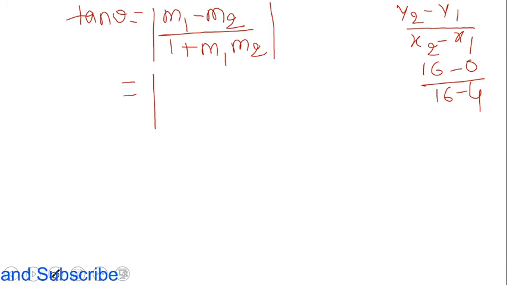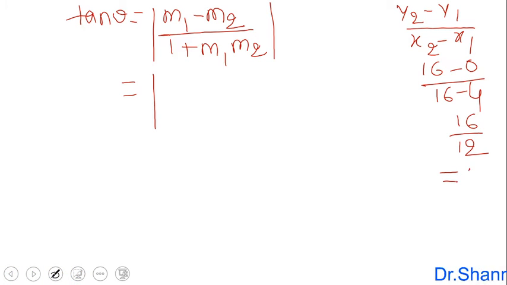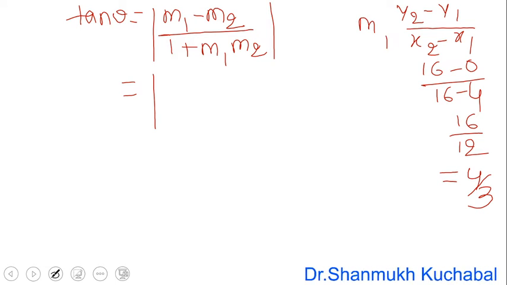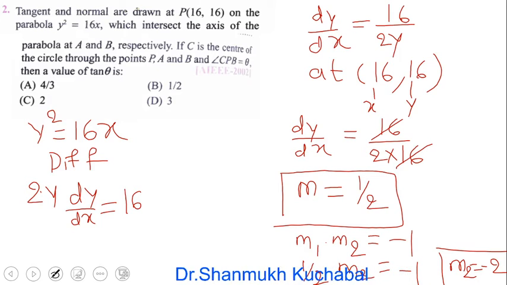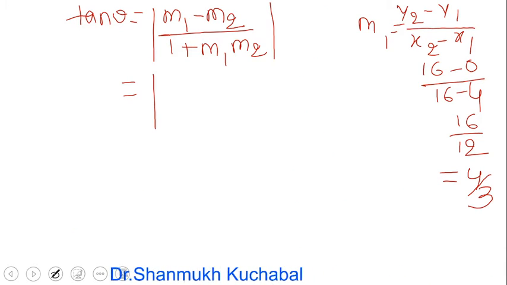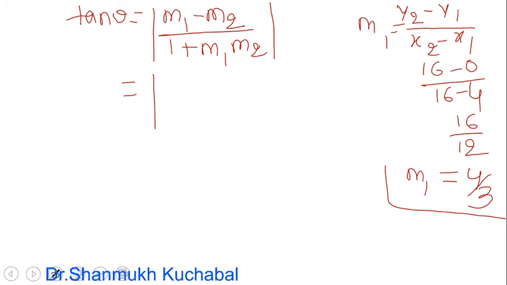So we get 16 by 12. On simplification we get 4/3. This is the m1 I am going to take. m2 is the calculated value, minus 2. So this is our m1.